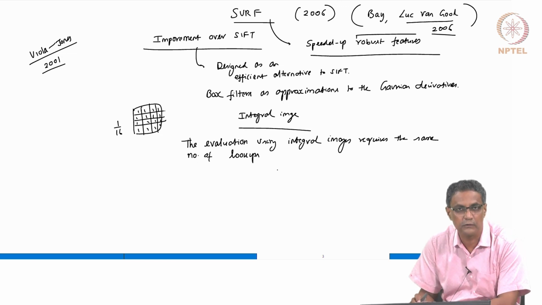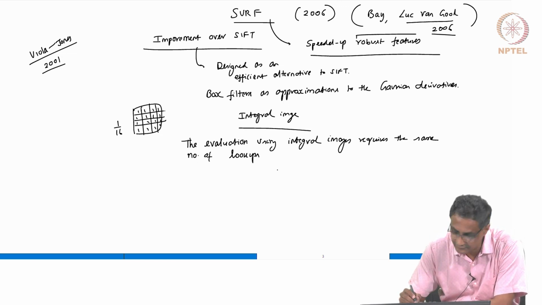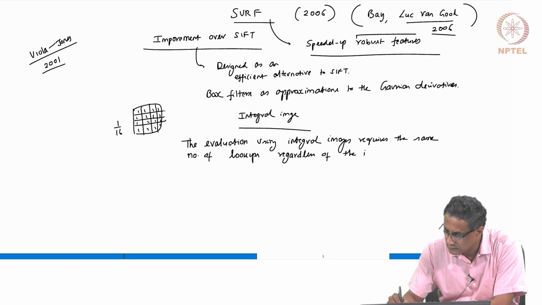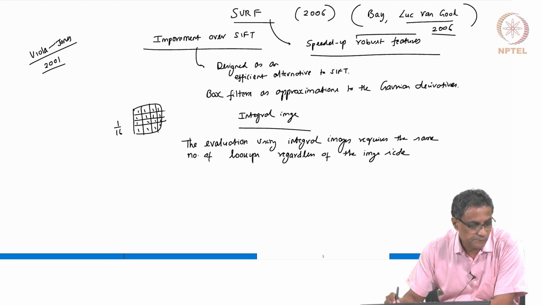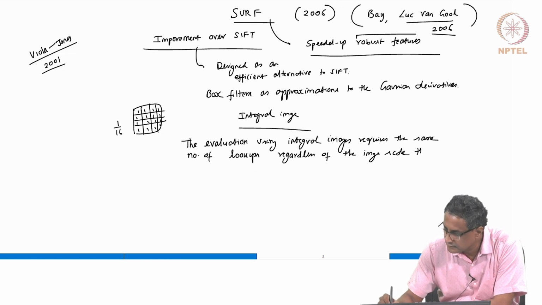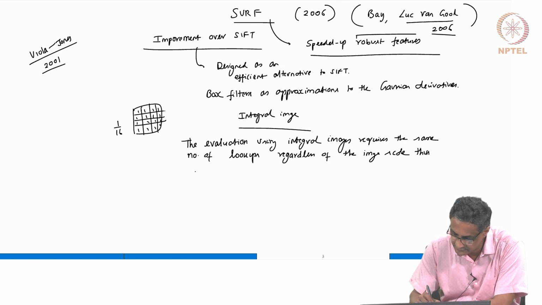In fact, it's more like a lookup calculation, regardless of the image scale, thus removing the need for a Gaussian pyramid.